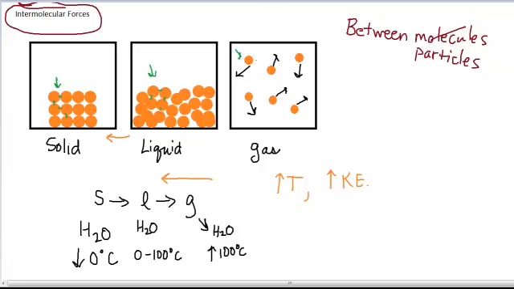And in the gas phase, we still have forces of attraction between the particles, and you might begin to see that my intermolecular forces, my forces of attraction here in the solid phase, must be stronger because it's keeping the particles close together. A little weaker in the liquid phase because now, although my particles are close together, they're allowed to move past each other. And in the gas phase, this is where my intermolecular forces are the weakest because they're not held close together. They're allowed to get far apart.